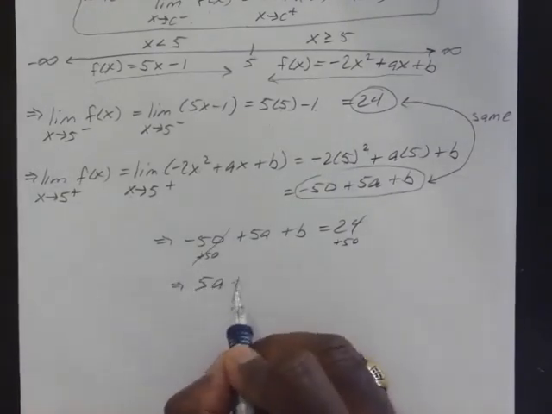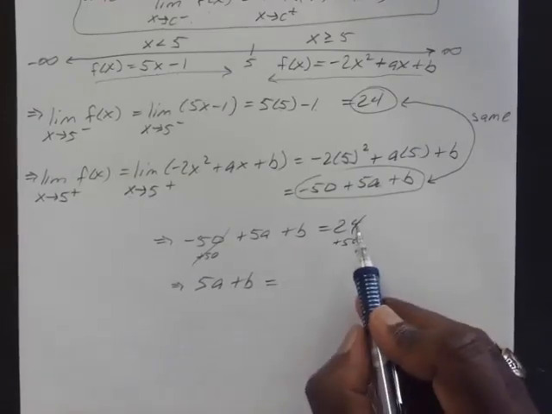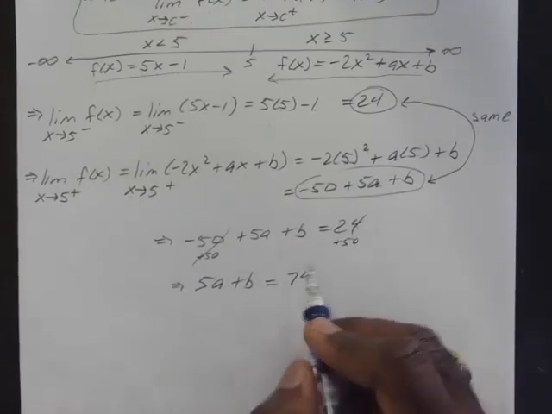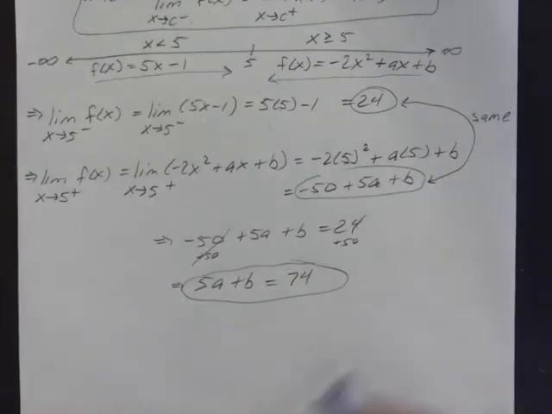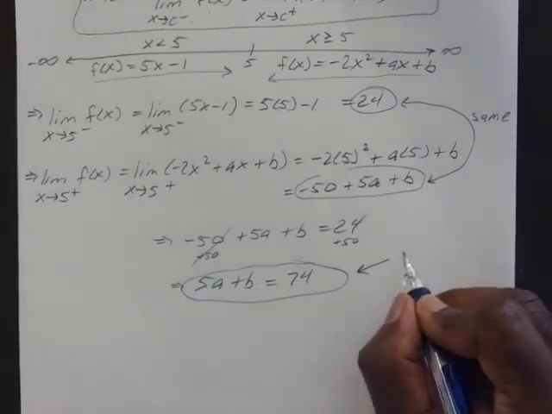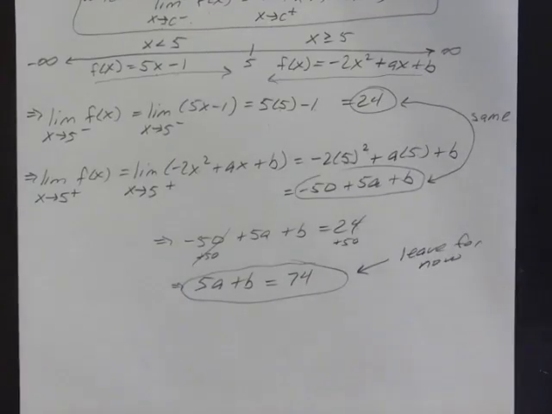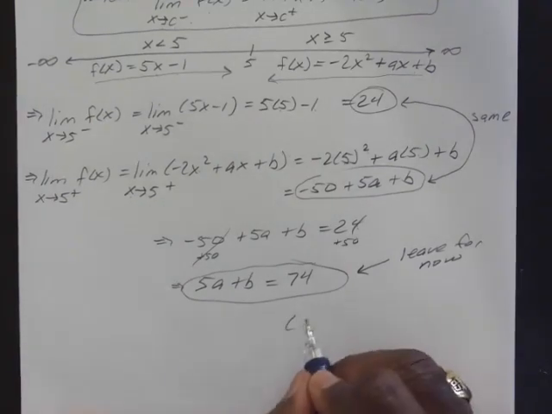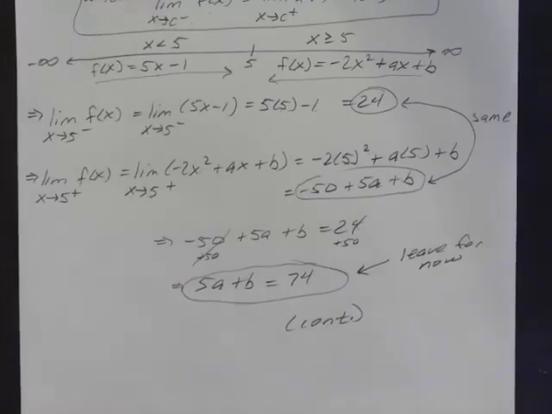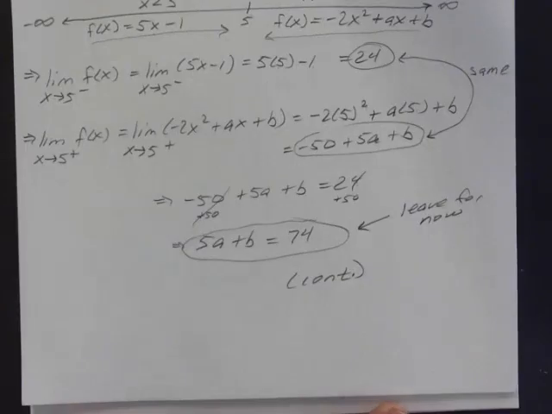So that means 5a plus b has to be equal to 24 plus 50, which is 74. So we're going to come back to this. We're just going to leave this for now because it's going to be useful later. And I'll start the other part on the next page. Kind of running out a little bit.